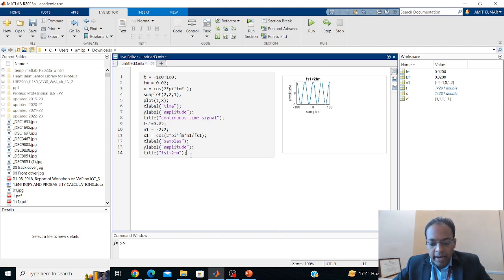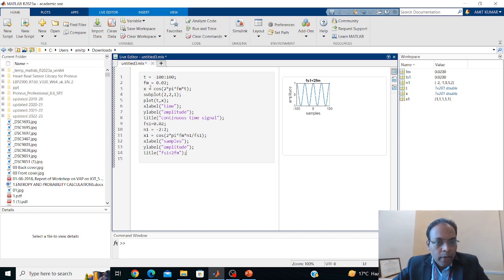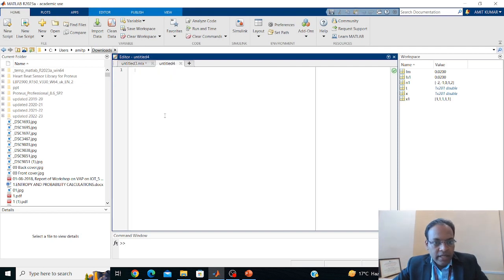Similarly, next we are going to plot the graph for this condition, and here also we will put the subplot command to decide the position in which our graph should come. I will just copy the program and open it in a new script window.